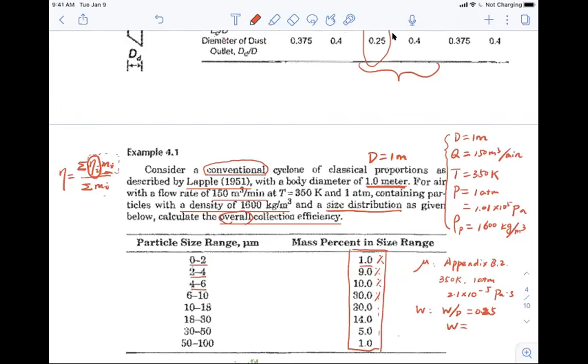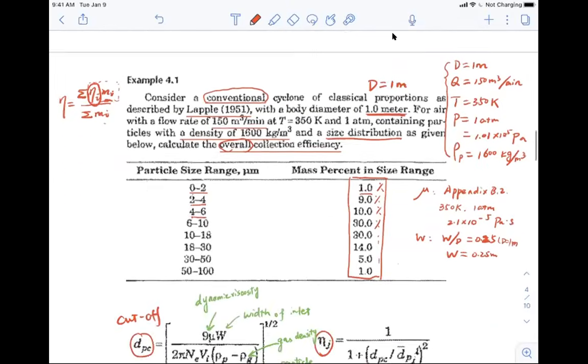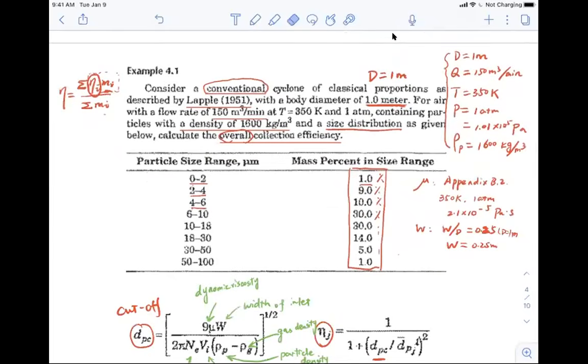And we have W equal to 0.25 meters. And this is because D is equal to 1 meter. Let me just write it out. Right, so we can solve what is the width of the inlet.